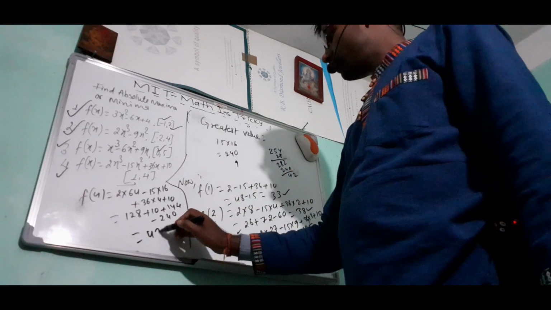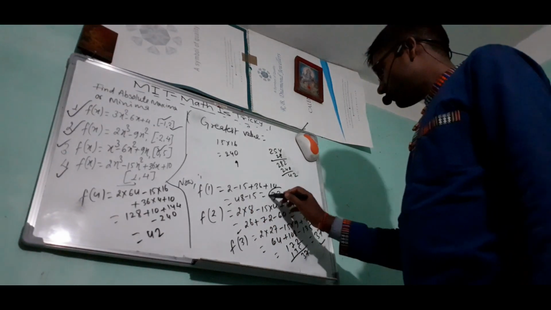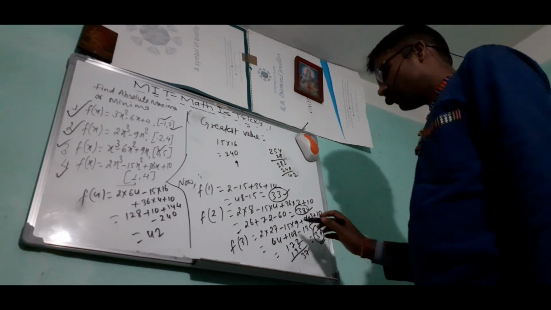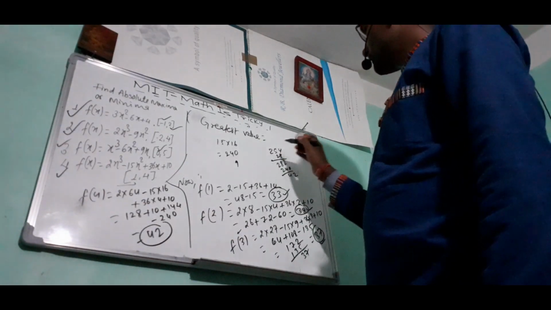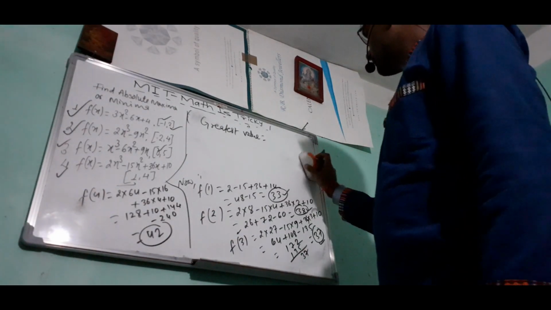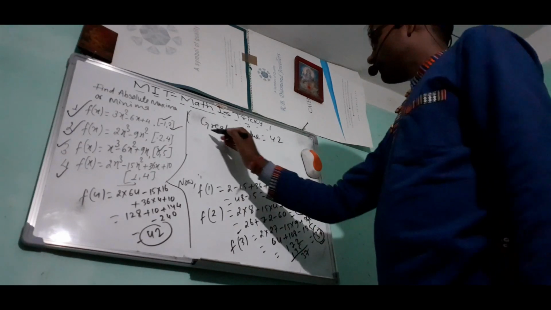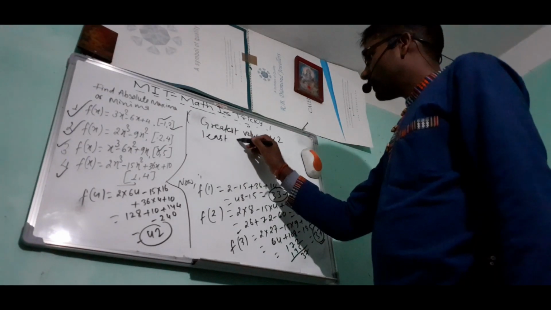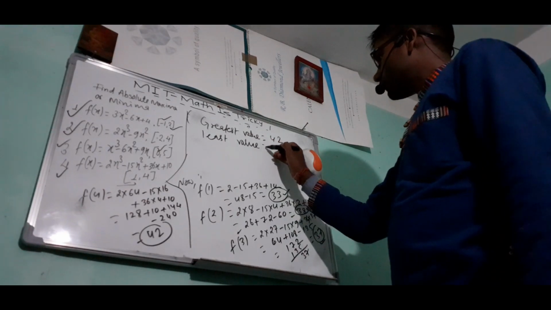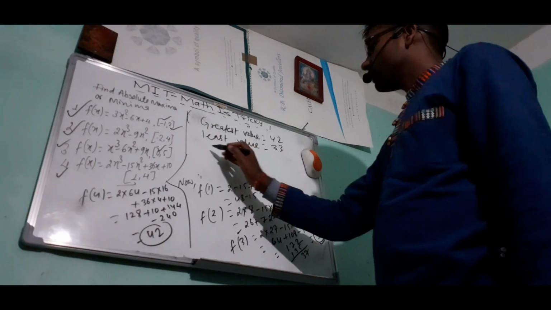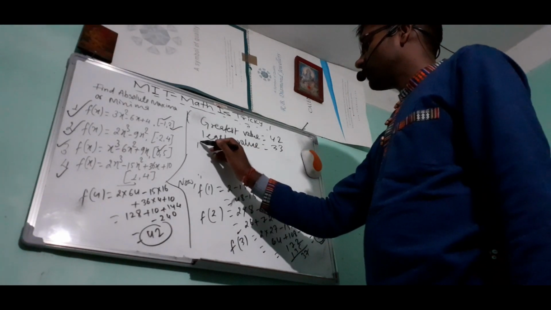This is giving 42. So among these four values, 33, 38, 37 and 42, the greatest one is 42, and the least value is 33.